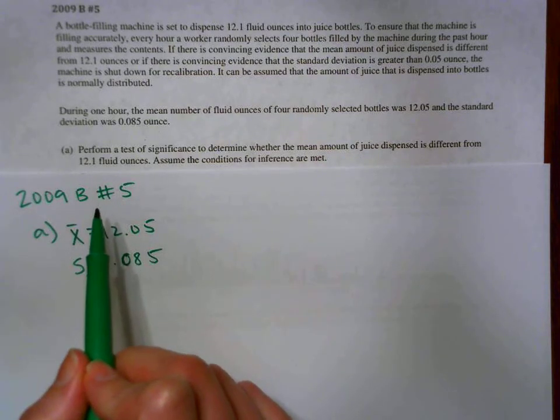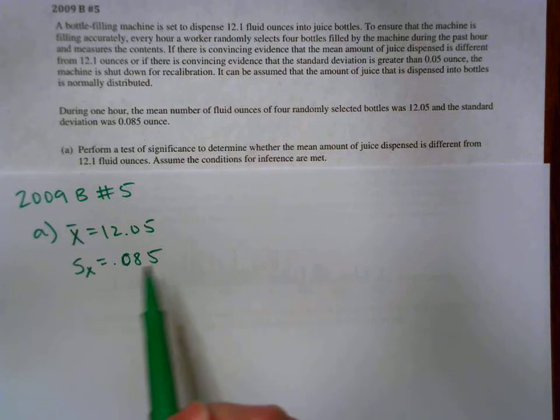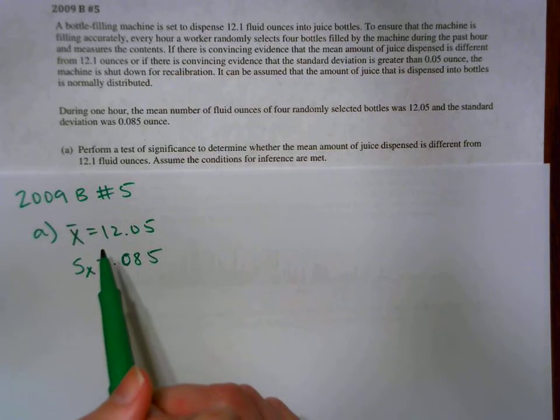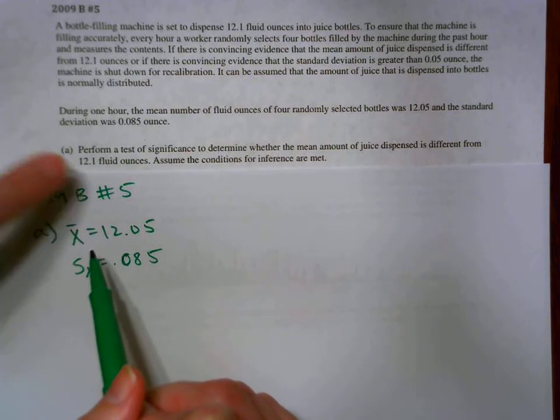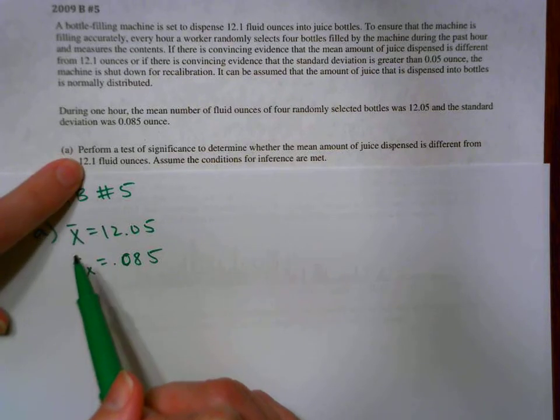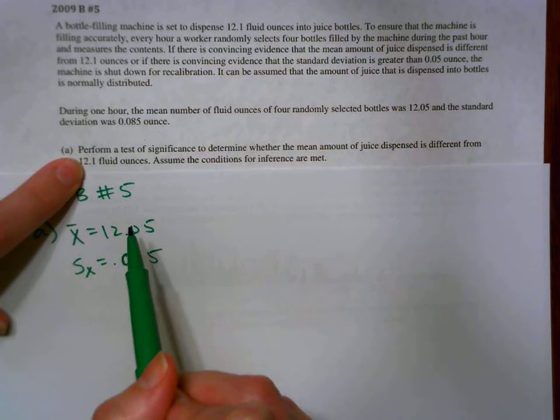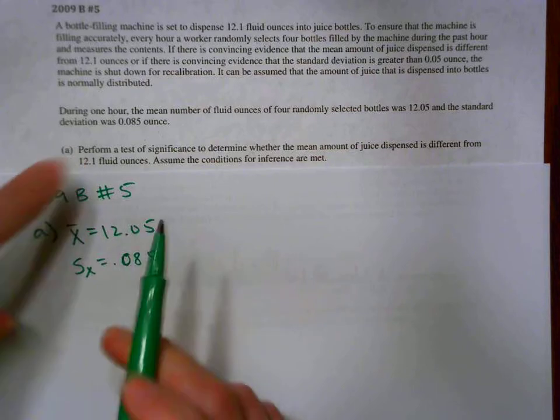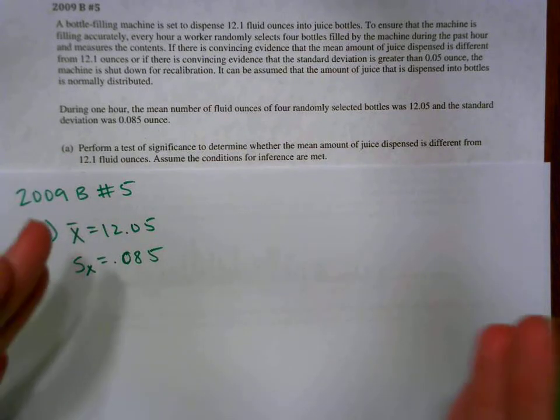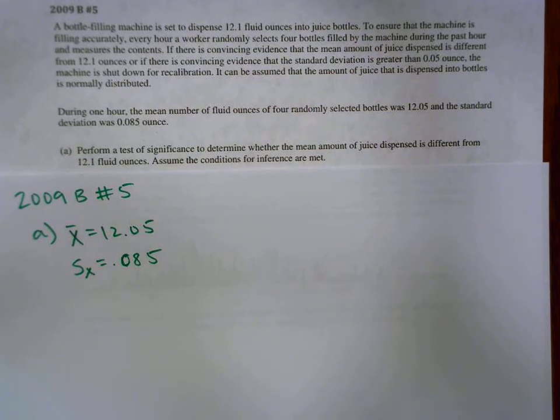What we're asking ourselves is, based on this sample result, do we have reason to conclude that the true mean is different than 12.1? We can see that our sample mean is not 12.1, but is it far enough away? It's the idea behind the p-value.